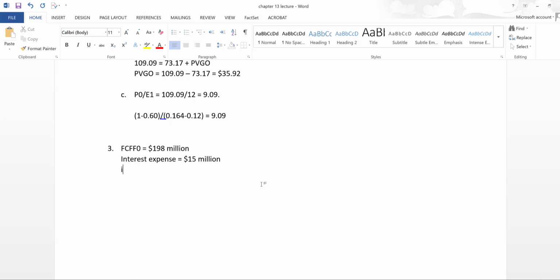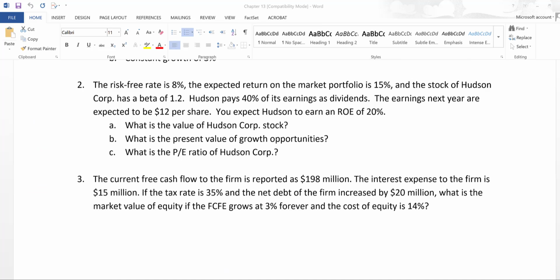And we are asked to compute the market value of equity if FCFE, the free cash flow to equity, grows at 3% forever, and the cost of equity is 14%.